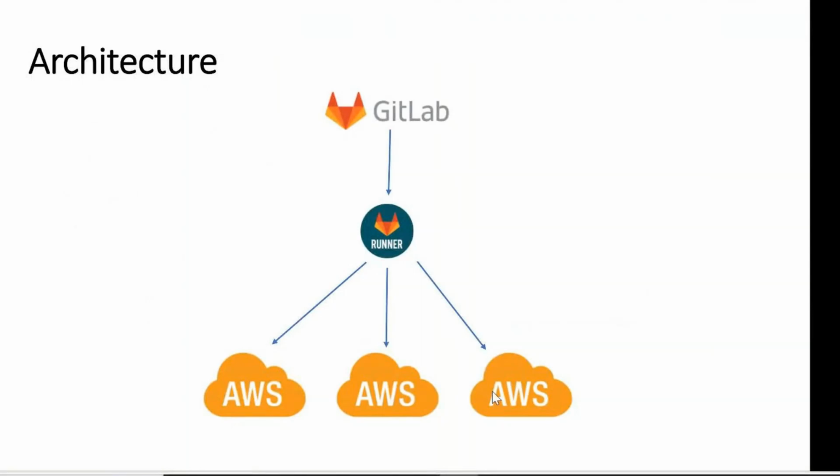It won't be in a single AWS account. This one we use as dev, this one as QA, and this one as production. Because of these independent accounts, each is an individual environment. So in case dev is compromised, it won't affect the other two systems. If QA is compromised, it won't affect the other systems.